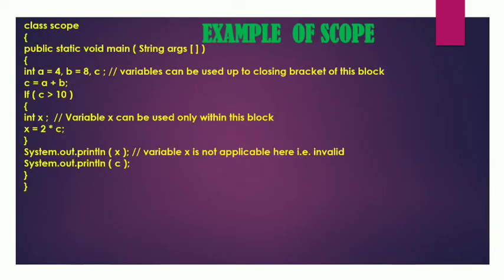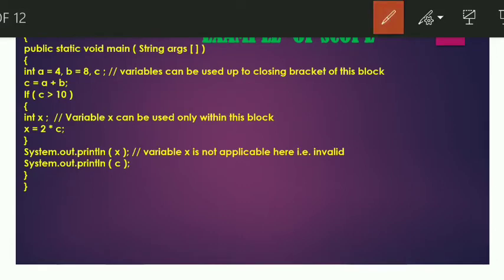Now see, we have created a class Scope and then we have used public static void main String, that is the main function or method, and we have started with an opening brace and here is the closing brace.